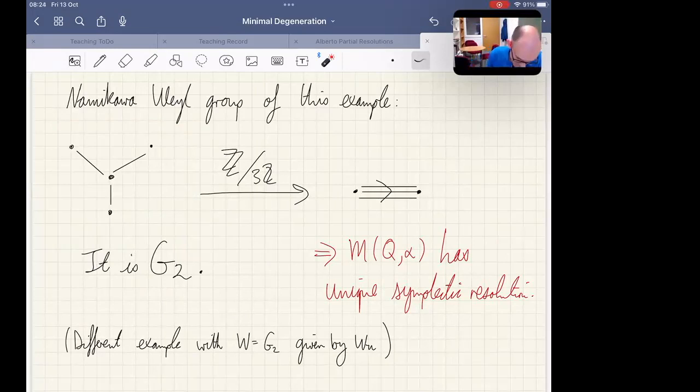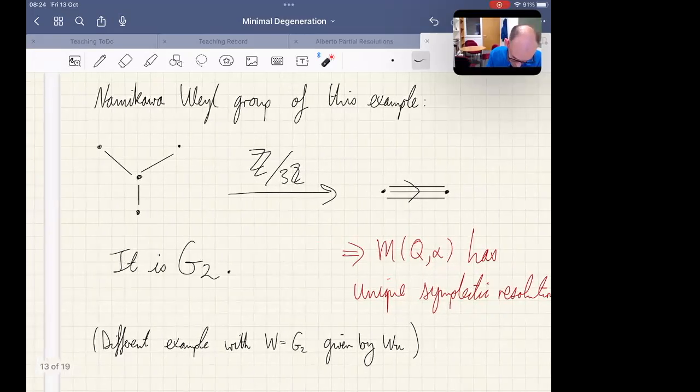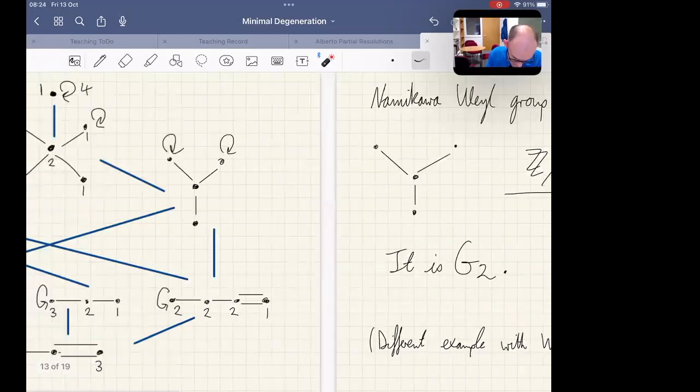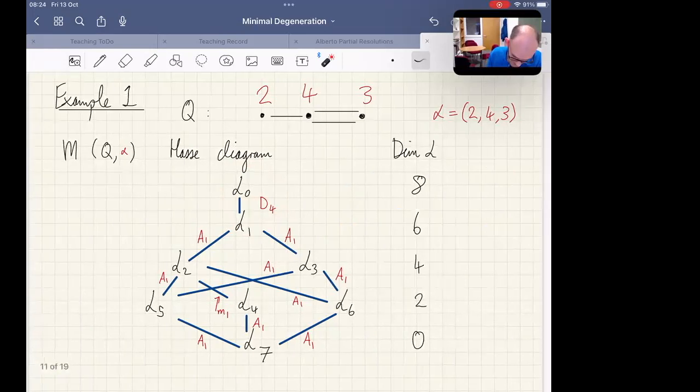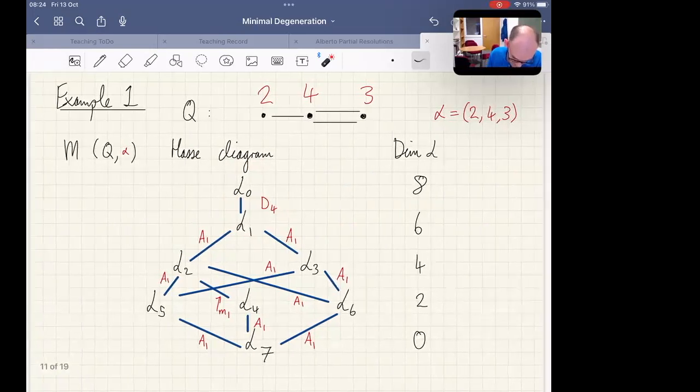But in this case, these Weyl groups are given by looking at the codimension 2 leaves inside your symplectic singularity. If I go back for a second to the original Hasse diagram, there's a single codimension 2 leaf in this example, and it's transversely a D4 singularity. So the Weyl group you would expect would be the Weyl group for the Kleinian singularity, for the D4 Lie algebra.